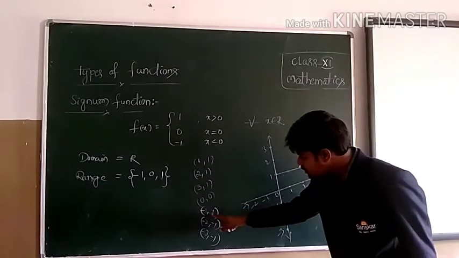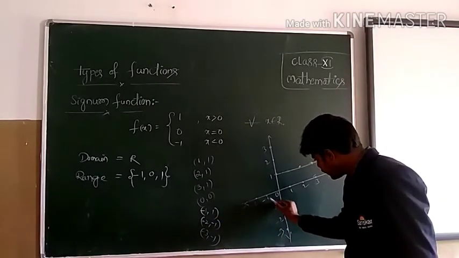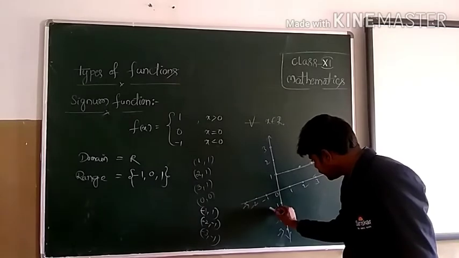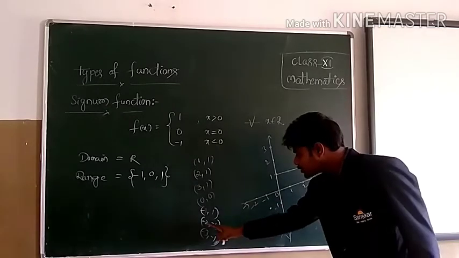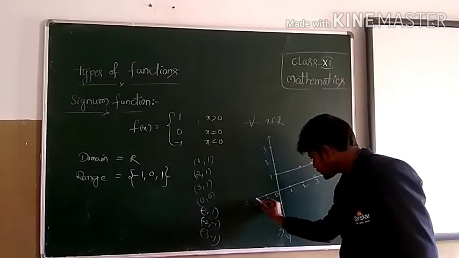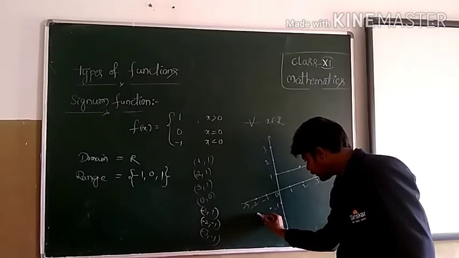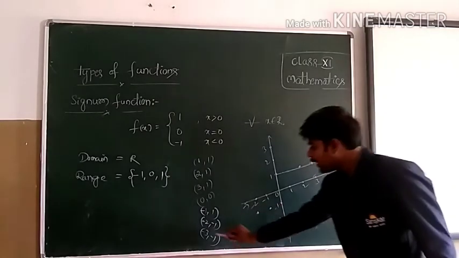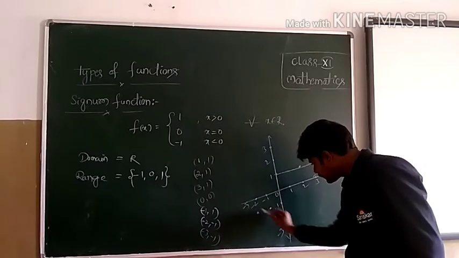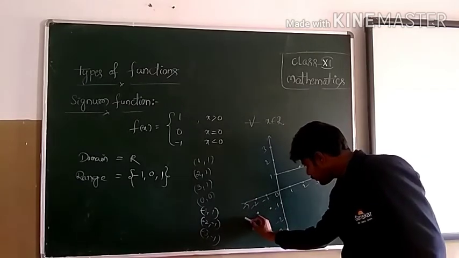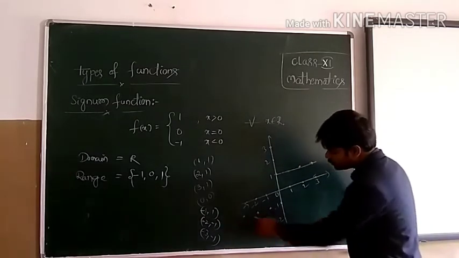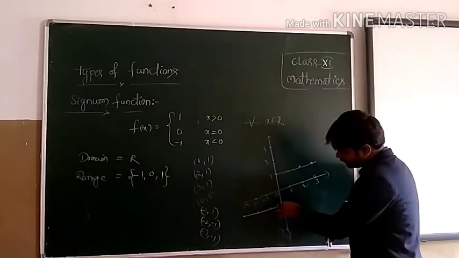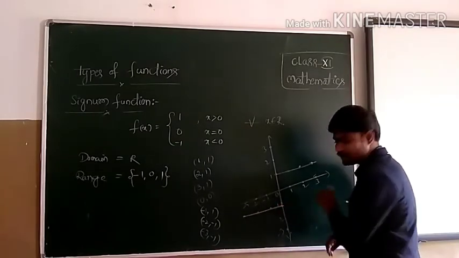So if you join these points, you get a line like this. Next, minus 1 and 1, so minus 1 here, and minus 2 and minus 1, and minus 3 and minus 1, so the points are here. If we join these points, we get a graph like this. We are getting a straight line every time.